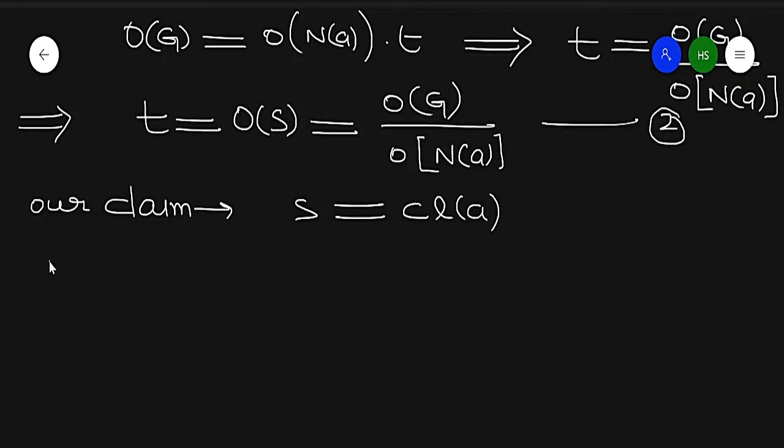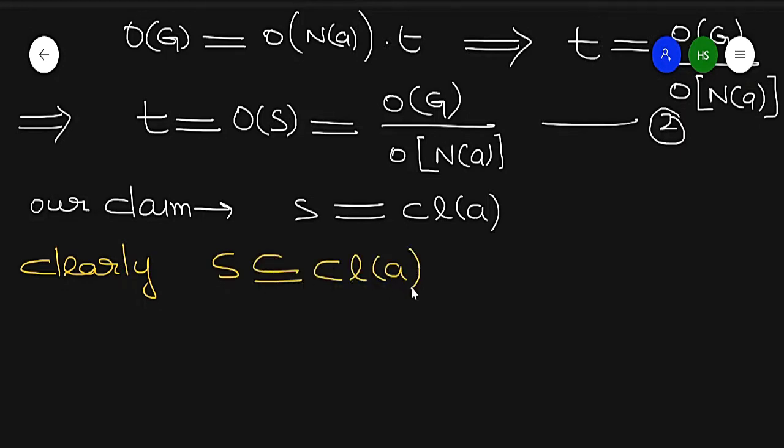Now clearly we know that this S is contained in the class of A. If I take any element that is conjugate to A, then that element belongs to the class of A. Now the converse part: let Y be some element belonging to the class of A. What does it mean?